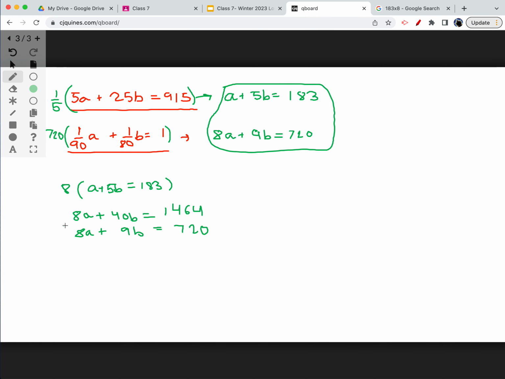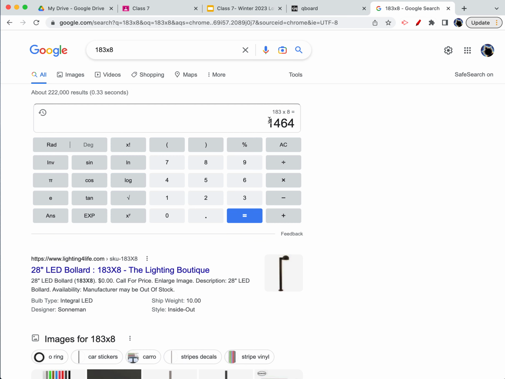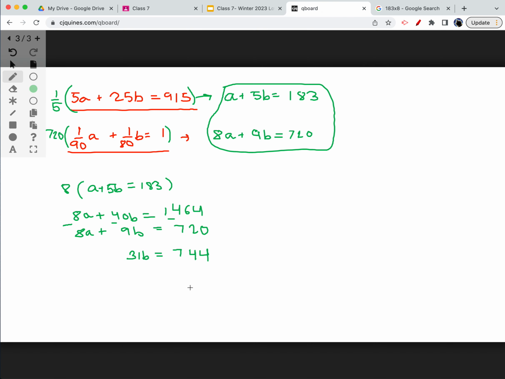So then we could subtract the second equation from the first equation to get 31B is equal to 744. So then this is 24. So B is equal to 24. And then plugging that back into this equation, you get that A is equal to 63.